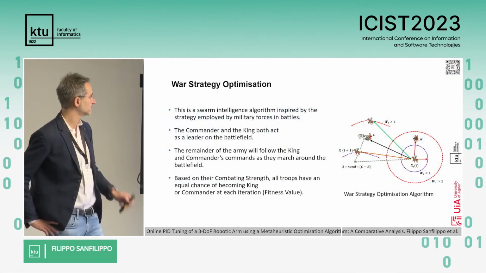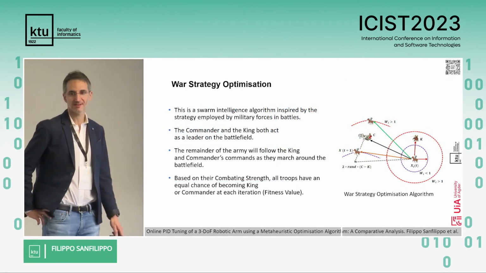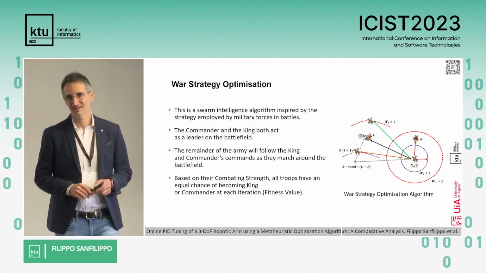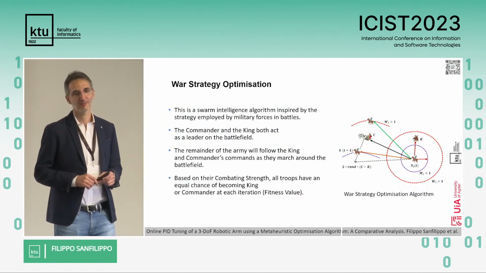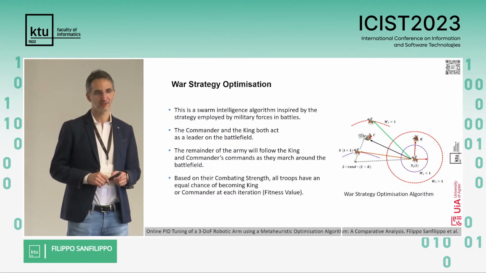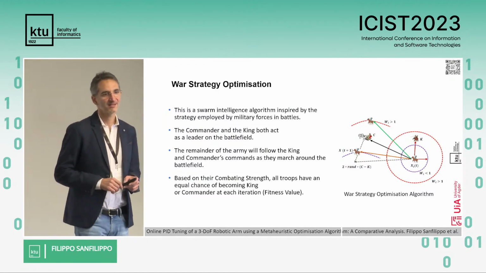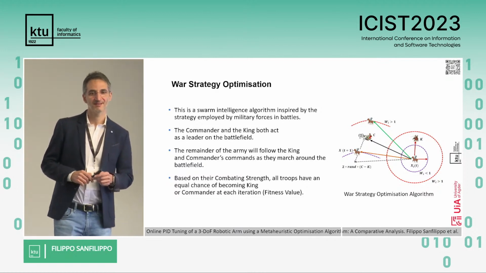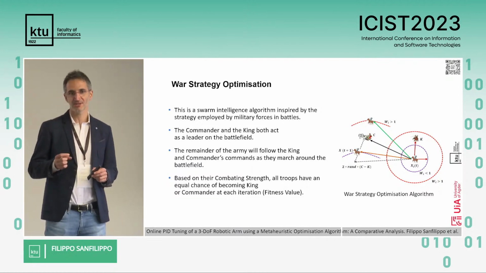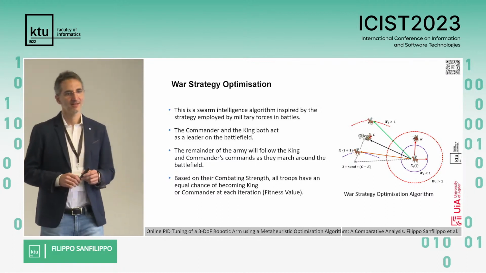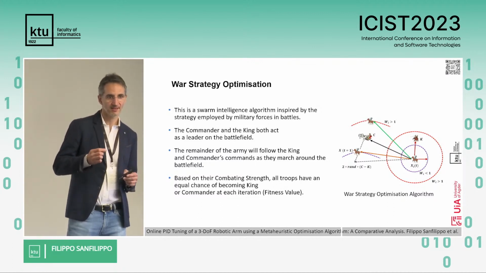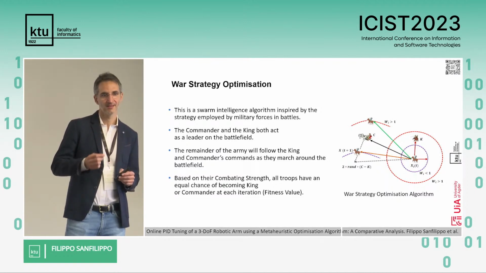So how does our proposed algorithm work? As in war, we have an army, and the army is under the command of a commander, and then there is a king. At each iteration, the commander is leading the army, and the king instead is the legacy.